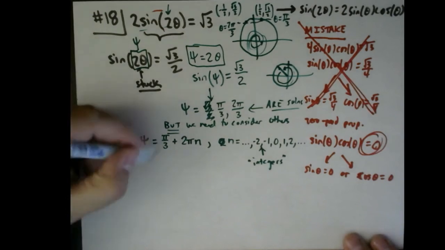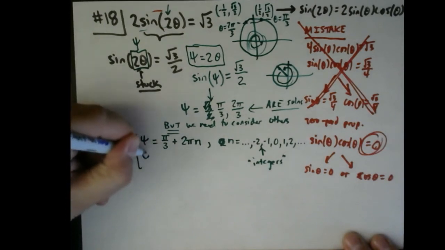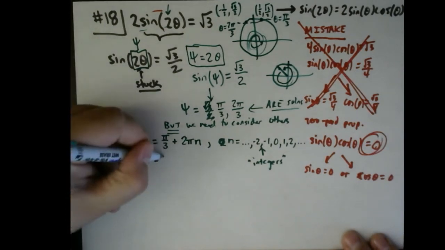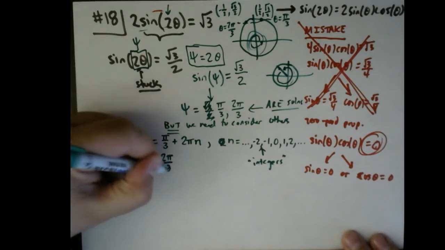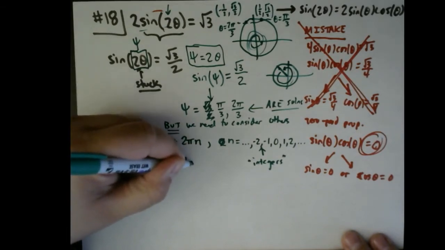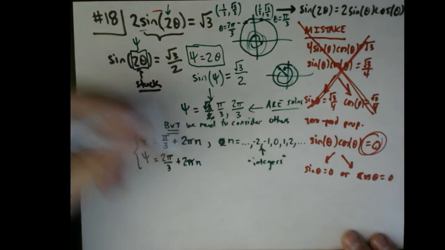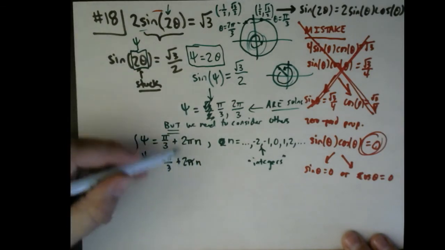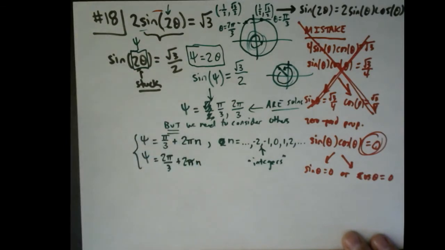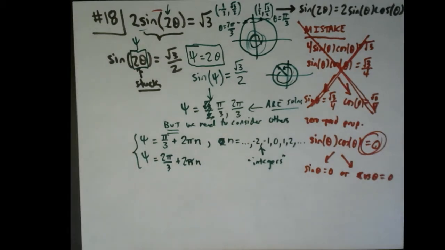So we have to consider that big infinite class of solutions now. And our job to complete the problem is to find which n's give us solutions. Which ones are working, which ones give us something that works, which are too big, and so on. Now, our goal in this problem is not to find psi.